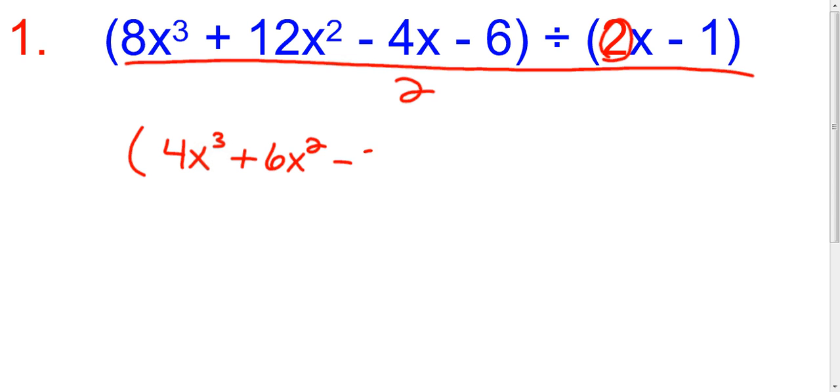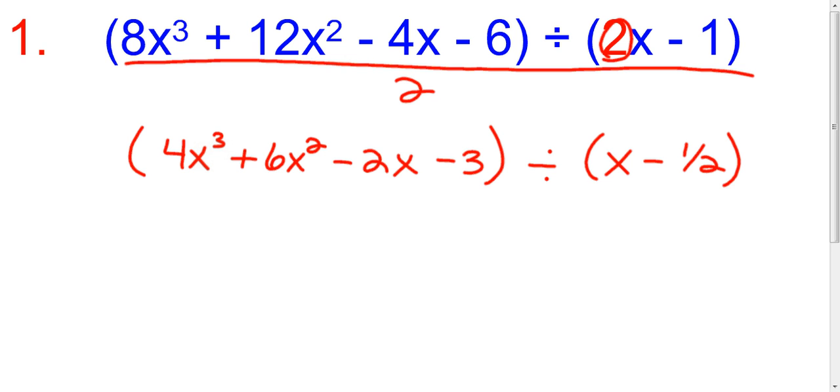Negative 4x divided by 2 would be negative 2x. Negative 6 divided by 2 would be negative 3. Divided by, and then if I take 2x divided by 2, I have x, and 1 divided by 2 would be 1/2. Okay? So this is what you're going to look at for this problem.